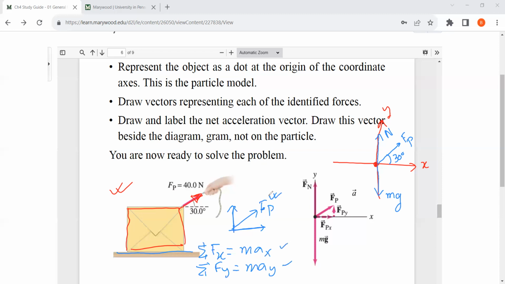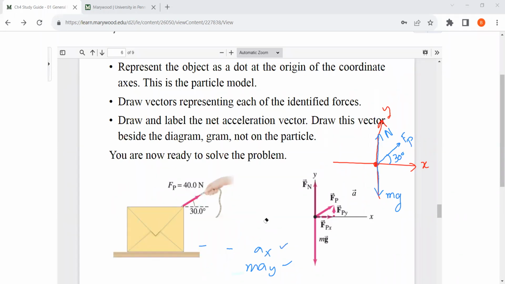Whenever we have a force that is not along the x-axis or y-axis, the first thing we have to do is break that vector into its components. And we already know how to break it, right? You already learned it in chapter 3.